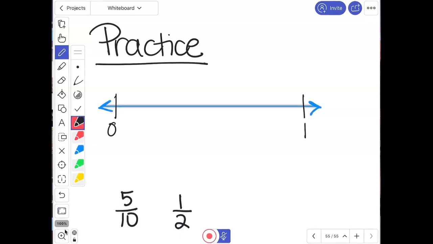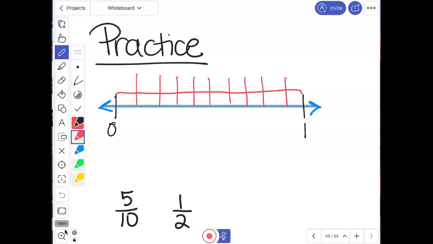Okay, so I'm going to start by breaking the top of my number line into tenths. So 1/10, 2/10, 3/10, 4/10, 5/10, 6/10, 7/10, 8/10, 9/10, 10/10.